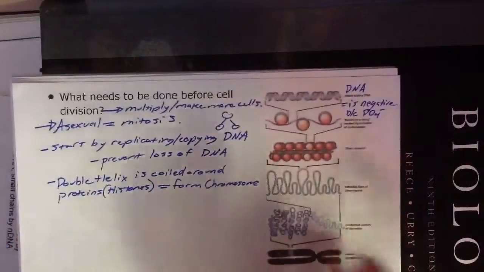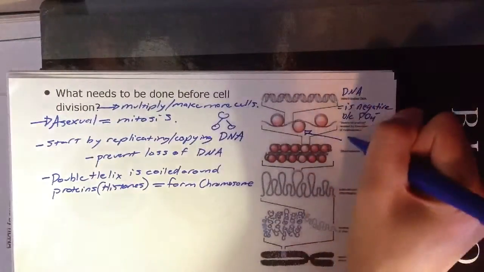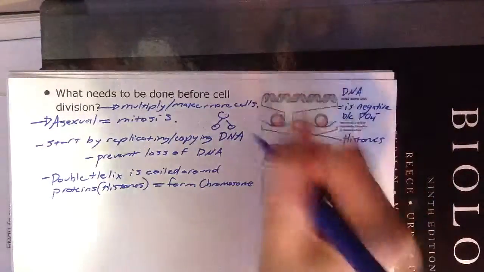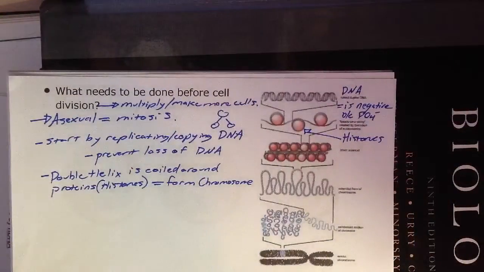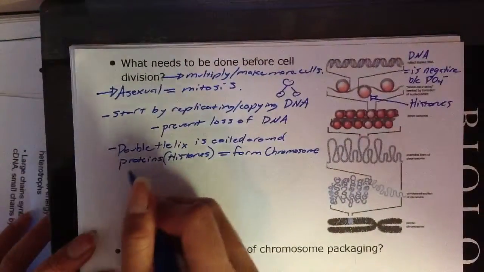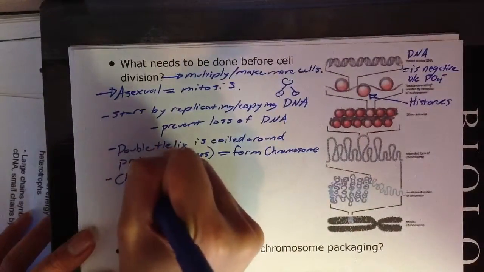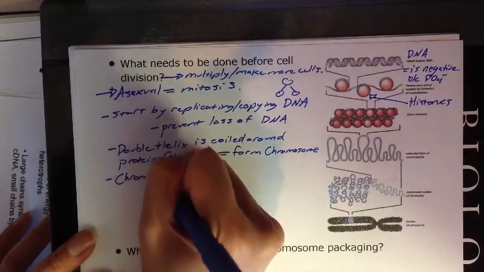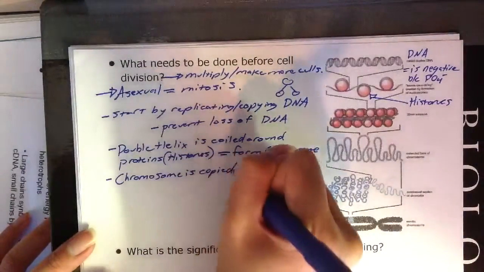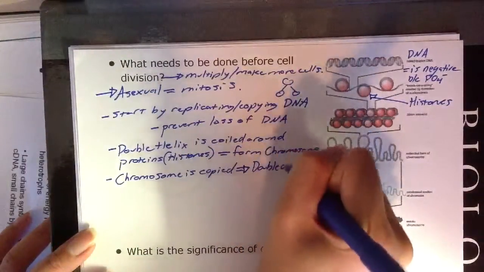So in this image, what you're seeing is this is the DNA. These little red circles are going to be the histones, and the DNA is wrapped around it. Now, what's going to happen is that our chromosome is copied or replicated, and this becomes what's known as a doubled chromosome.